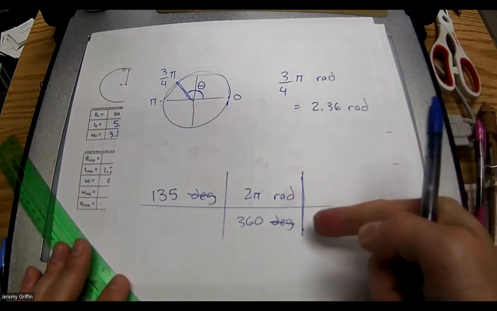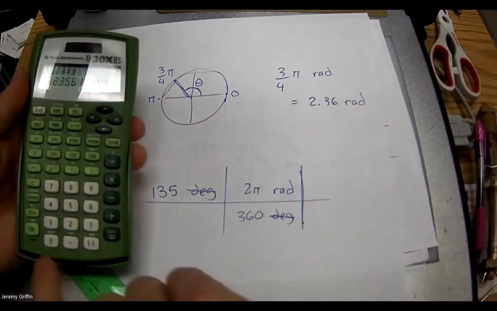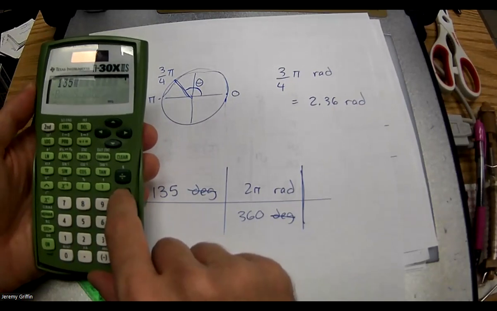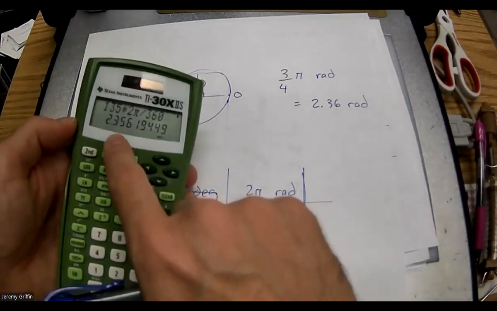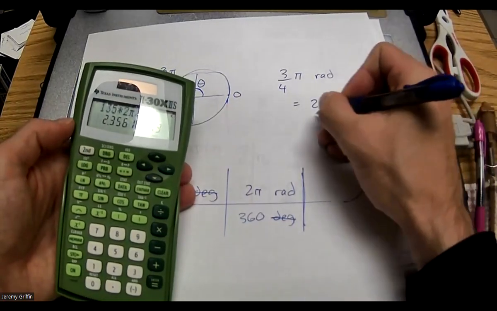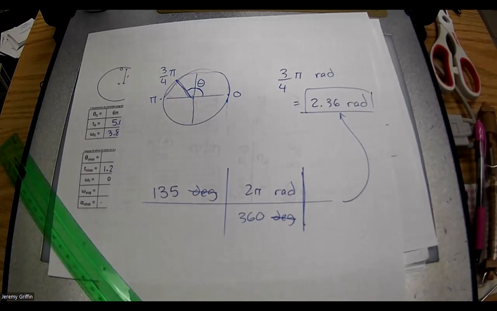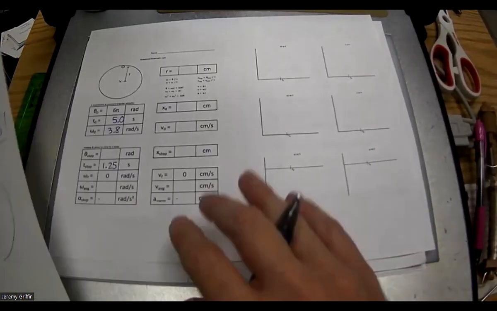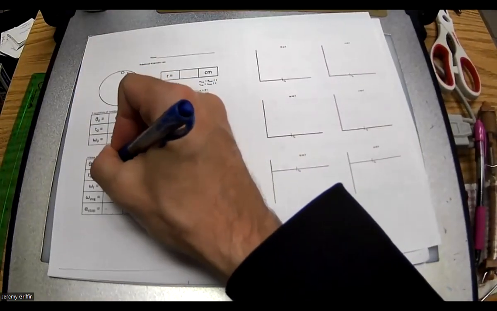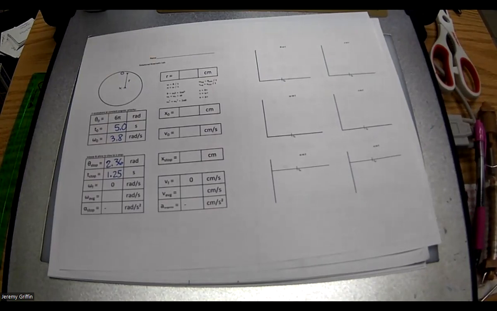I should get the exact same number using this method, right? With the railroad tracks, it's 135 times 2 pi on 360. It's the same thing, still that number. So from 2 different points of view, no matter how you look at it, this thing rotated 2.36 radians, right?